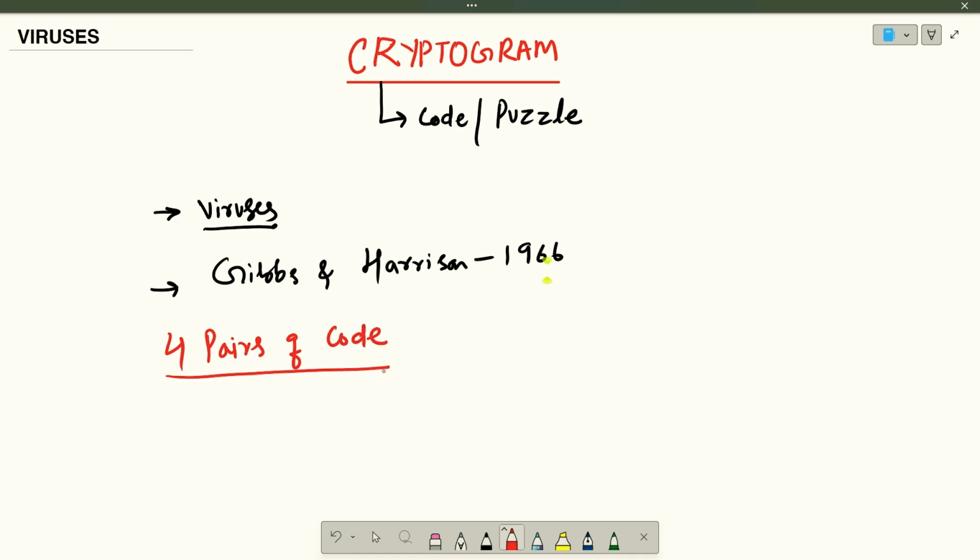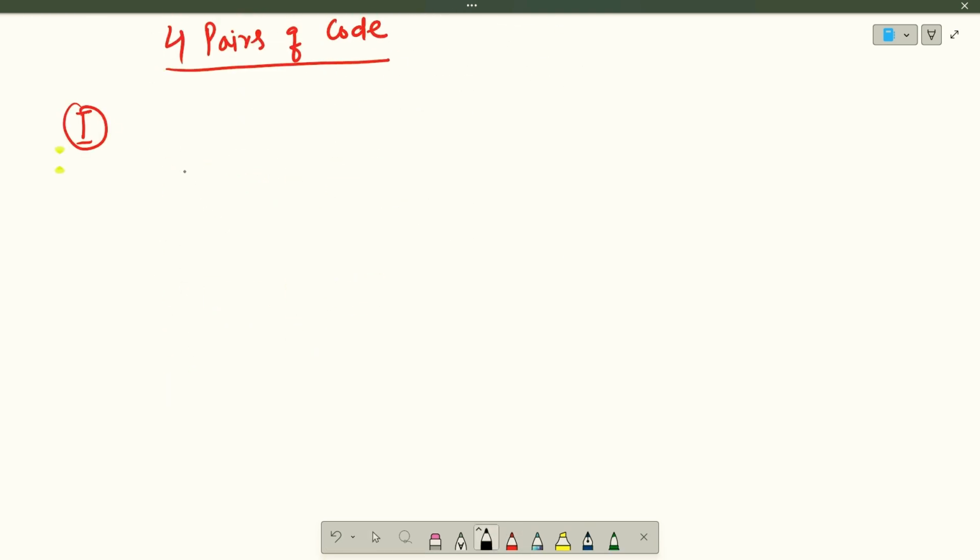This cryptogram contains four pairs of codes, and we are going to see what these four pairs of code represent. Starting with the first pair of code, which contains information about the type of nucleic acid and the number of strands, or in other words, the strandedness of that nucleic acid.